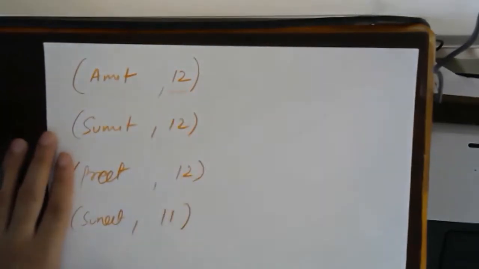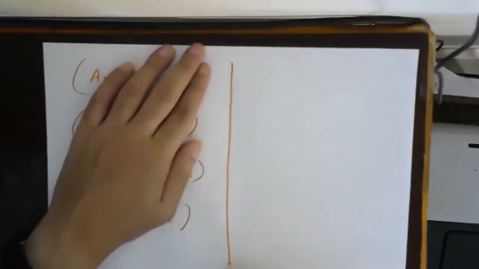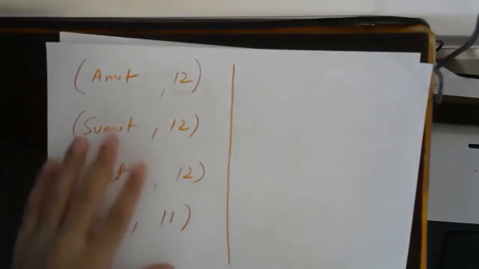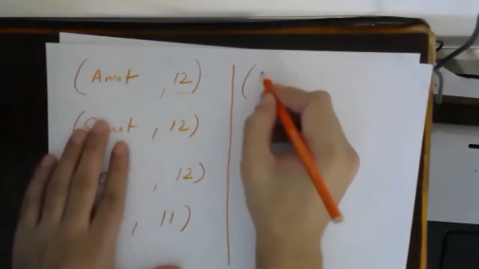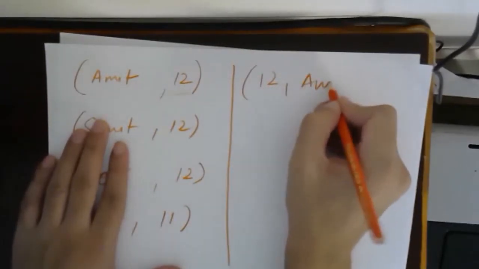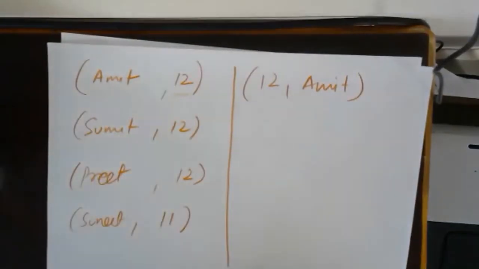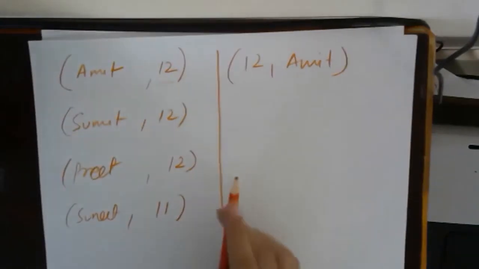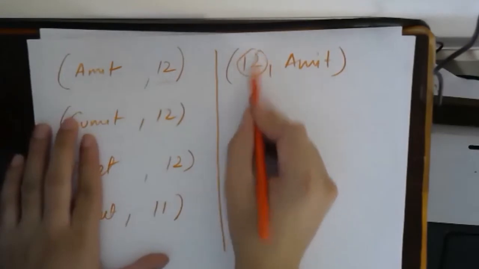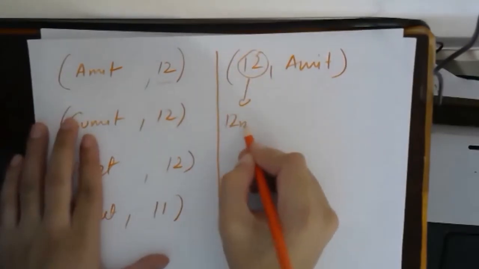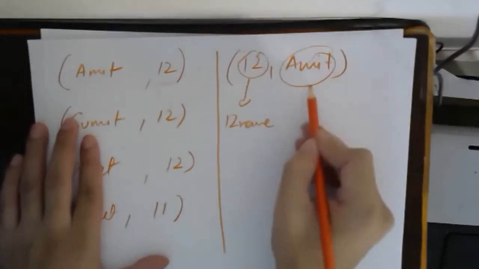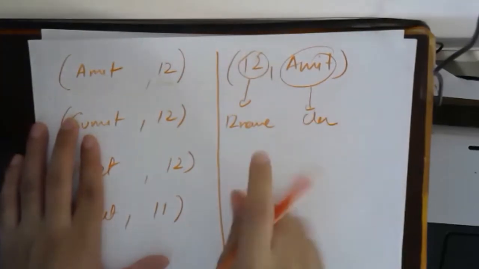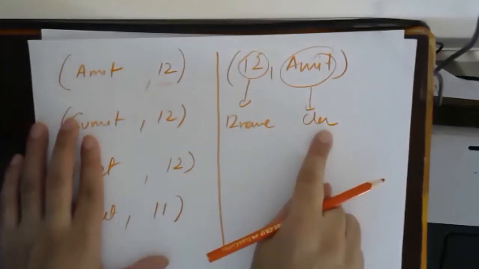If in the same representation somebody has written 12 comma Amit, then how will I read this? That 12 was the name of a person, and Amit was a class. That means 12 is from Amit class.